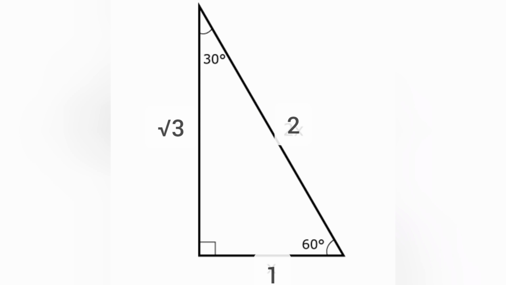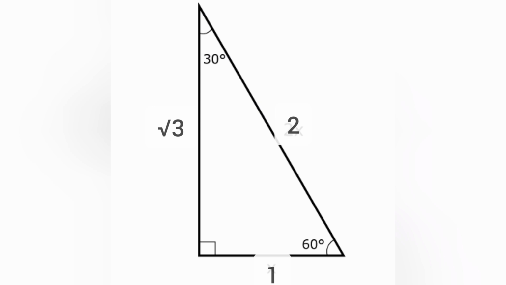If we are to consider angle 30, the opposite of angle 30 is 1, while the adjacent of angle 30 will be square root 3. It's only the hypotenuse that remains the same. It doesn't change. So the hypotenuse remains 2.